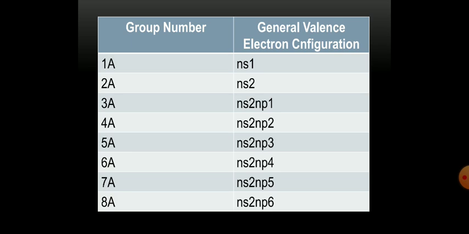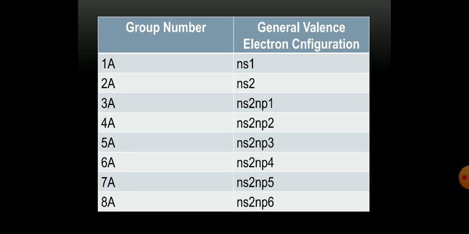Now look here, the first A has the general electronic configuration ns1, and second A is ns2. Means if an element comes under the second group, its outermost or valence electronic configuration will show like this.